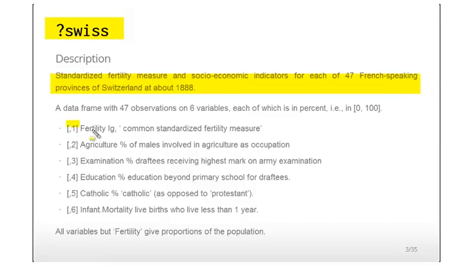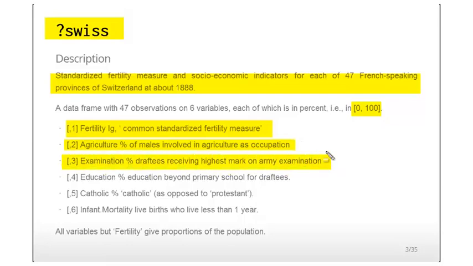So our outcome that we're interested in is fertility. All 6 variables are expressed in terms of percentages from 0 to 100. One of the predictors we want to use to predict fertility is the percentage of males involved in agriculture as an occupation.